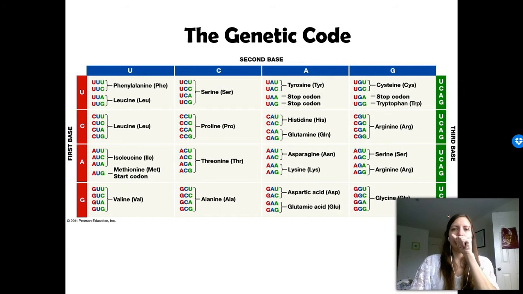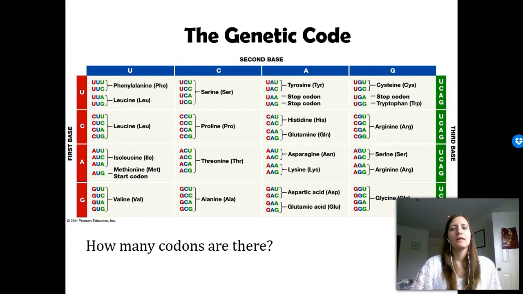So if you look at this genetic code, remember this codon table. We visited this in chapter 16 when investigating the central dogma. How many codons do you see? Remember, this is all mRNA. How many codons are there? You could count each of these individually, but just to shorthand it, there's 16 in each of these columns, and there's 4 across.